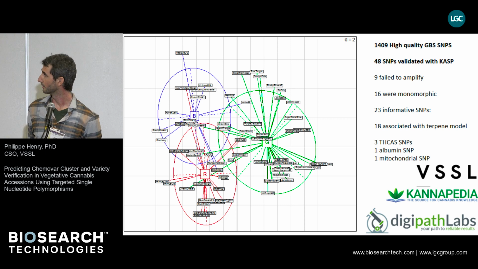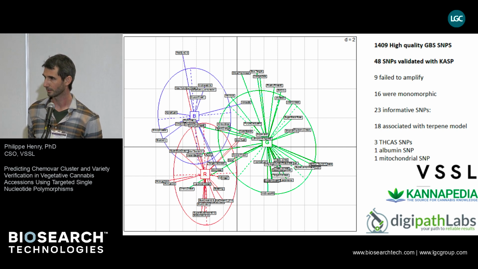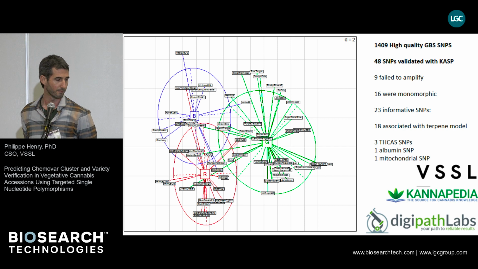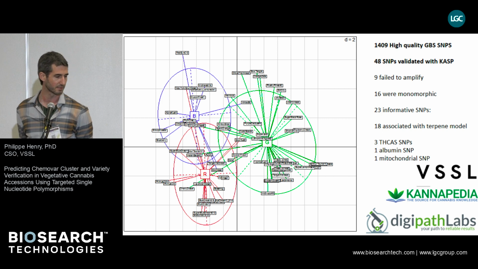Essentially what we did here is take 70 accessions that were genotyped at about 180,000 single nucleotide polymorphisms. When those were filtered, we came out with a panel of about 1,500 SNPs, or in this case, 1,409 high-quality SNPs.